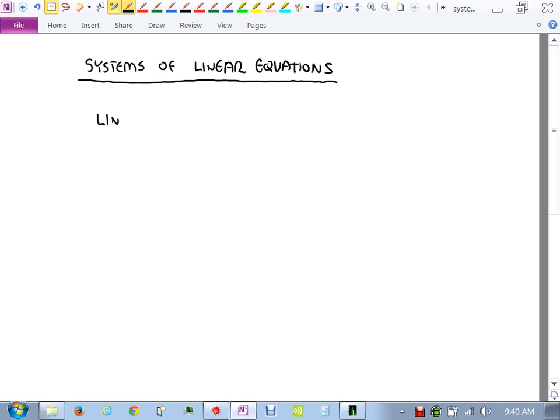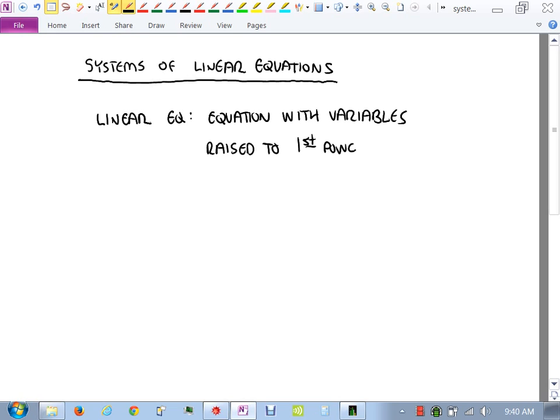So first of all, a linear equation, by definition, is an equation with variables raised to first power only. So any equation that has variables in it and those variables are raised to the first power is a linear equation. And I'll give you a few examples.